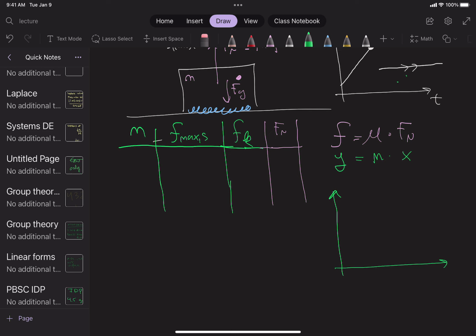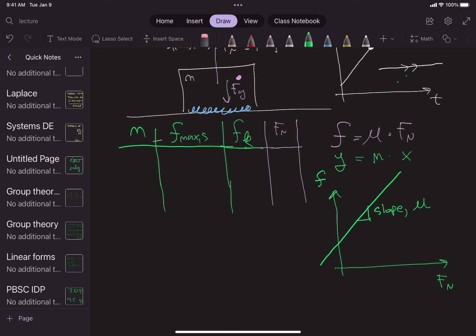So what you'll do is you're going to make a table of the friction on the vertical axis and the normal force or the weight on the horizontal axis for each mass, and you're going to get a corresponding straight line, and the slope of that straight line is going to correspond to the coefficient of friction. And you'll have to do that for the static case and for the kinetic case, but that's basically it.